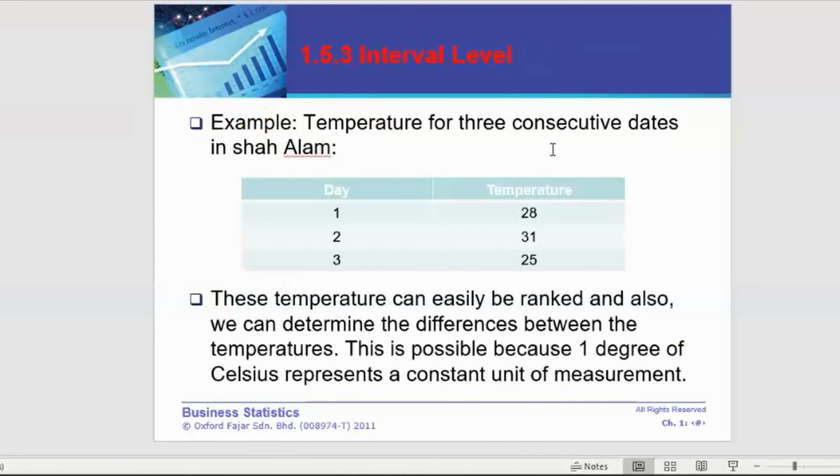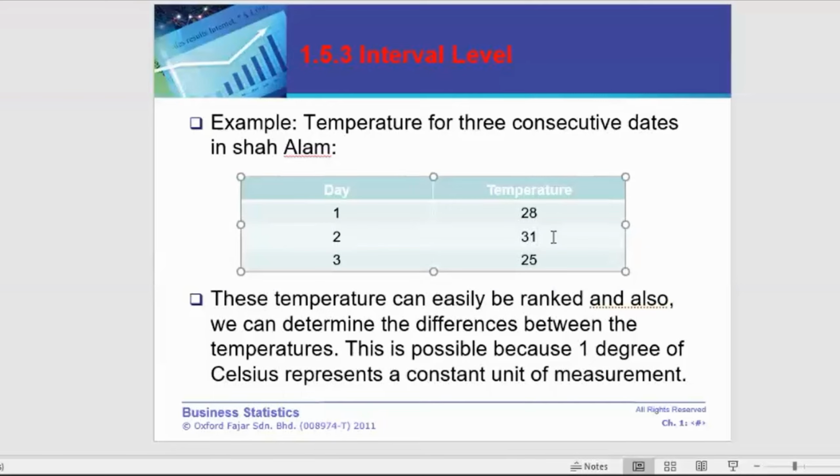So as an example, here we have the temperature of 3 consecutive dates for Shah Alam. We know the differences between the levels are the same. So this temperature can easily be ranked, and we can also determine the differences between the temperatures. We can easily understand that between 28 and 31 degrees the difference is 3 degrees, where those 3 degrees are equal to any 3 degrees on any other day, okay?